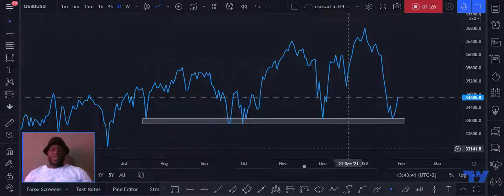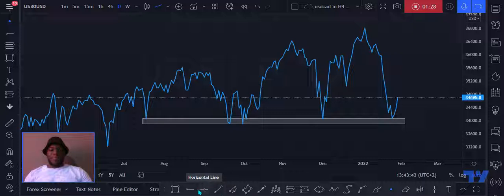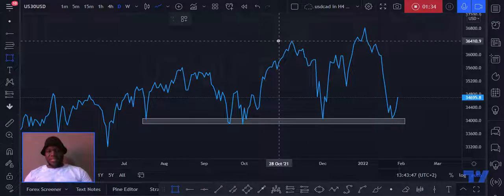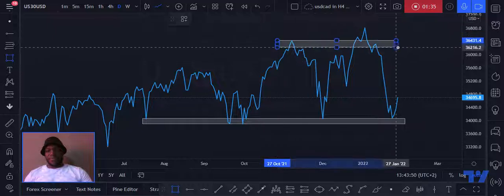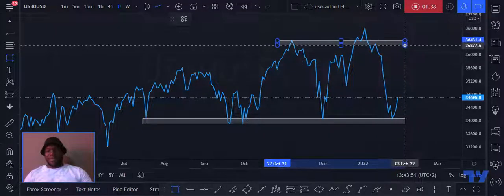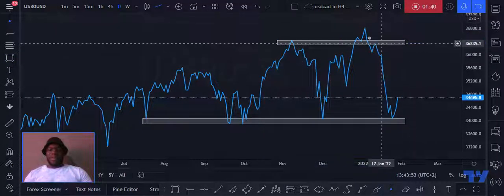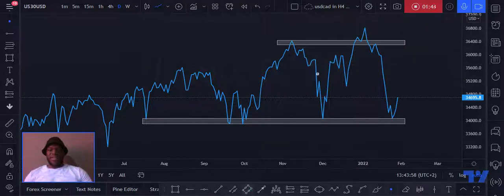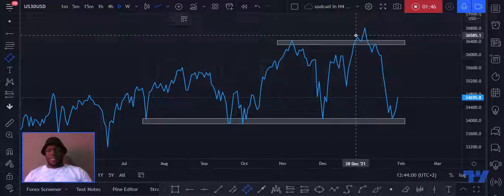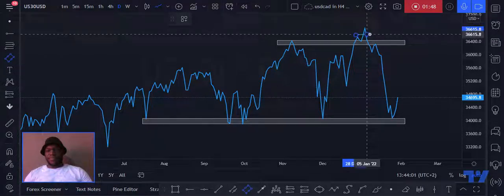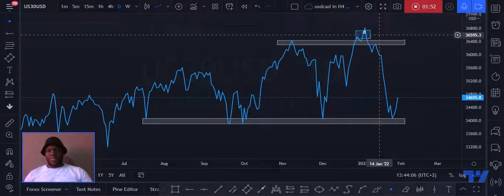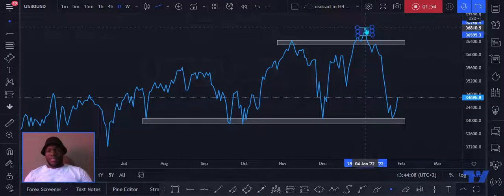And up here we have our resistance, and I will explain to you why I am not taking this area right here. We can just highlight it this way.